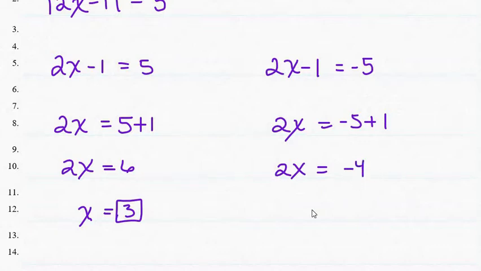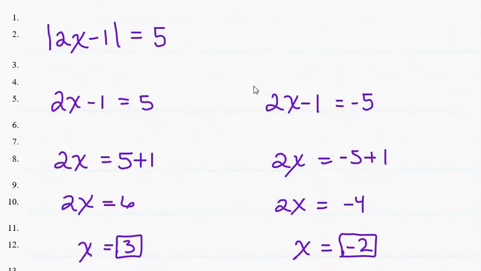Multiply both sides by 1/2. And you should get x is equal to -2. So this is our other solution. And of course, you always go up here, just test it out, plug 3 in, and plug in -2.